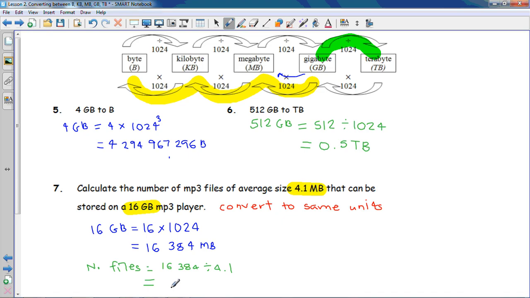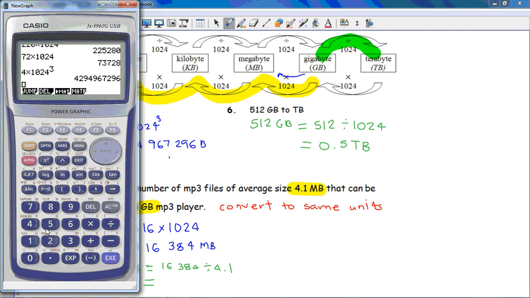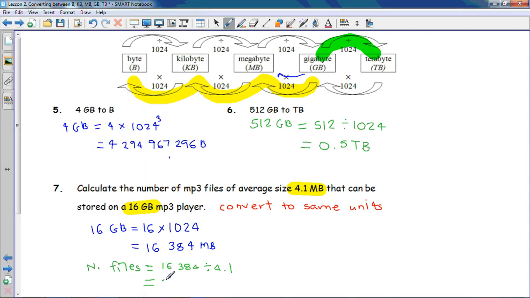When you do that on your calculator, we're going to get 3,996 point 0.097. Now, it doesn't make sense to store a 0.097th of a file. So that means we can only store 3,996 files. You can't round it up. You can't store more than that.